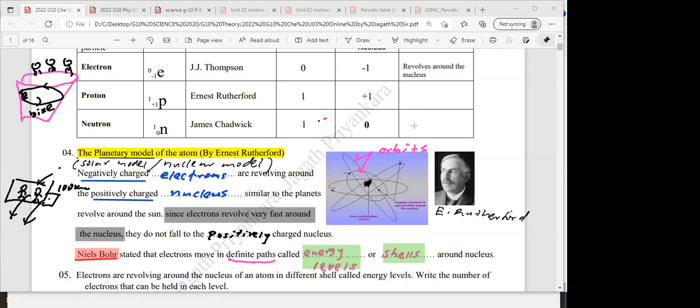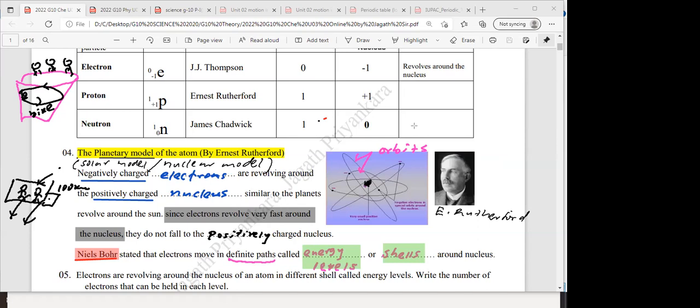For that they created various models, which we call atomic models. Models can change, right? That's why the early models were rejected; it was improving. You are not given all the atomic models presented so far. You are given the one closest to the current, most accepted model: the planetary model, by Ernest Rutherford.